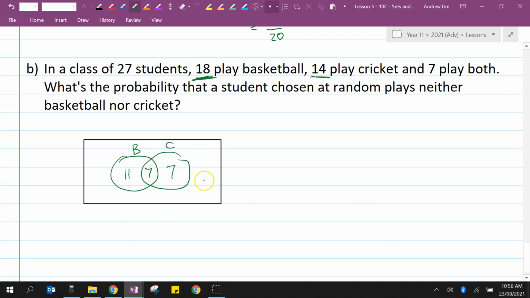That means, because there are 27 students, 2 students have not been accounted for, and they don't play either basketball or cricket. So the probability that a student selected at random does not play basketball or cricket has to be 2 out of 27.